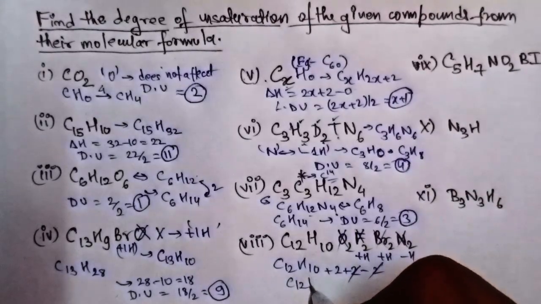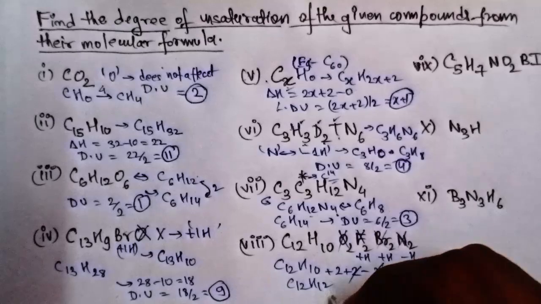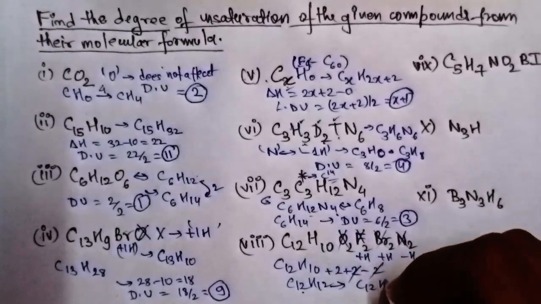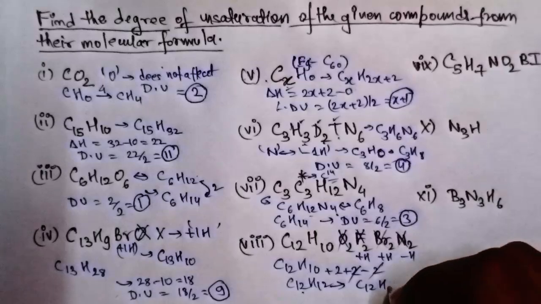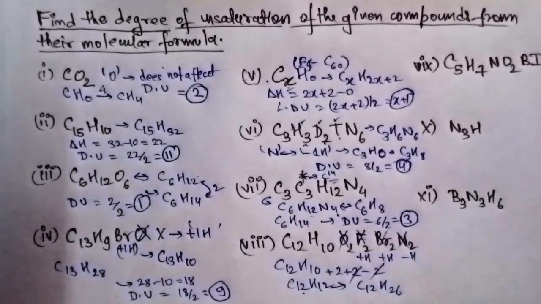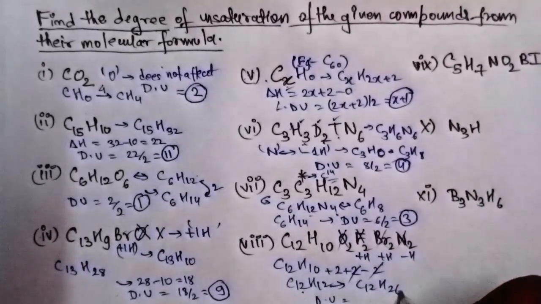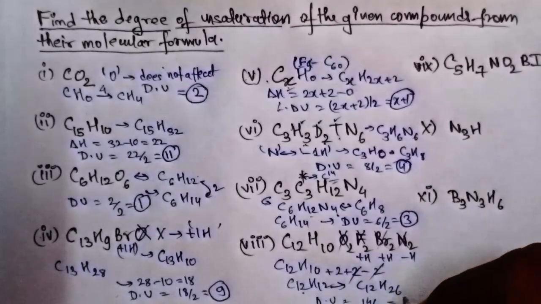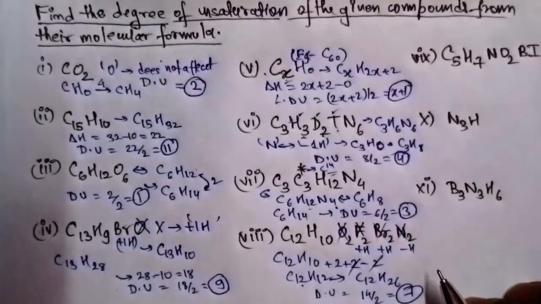Net formula becomes C12H12, making the degree of unsaturation, for C12 we require 24 plus 2, that's 26 hydrogens, making the degree of unsaturation equal 26 minus 12, that's 14, by 2, that's 7, the correct answer to this problem.